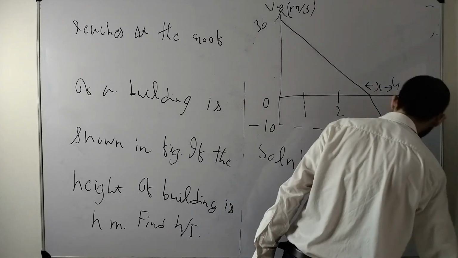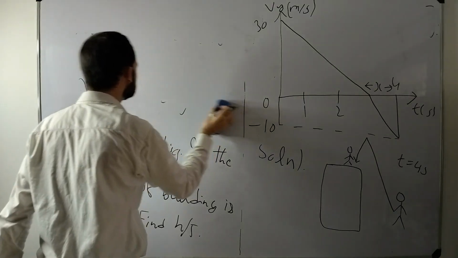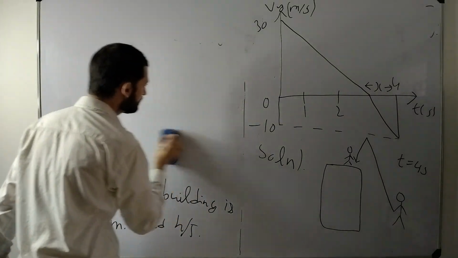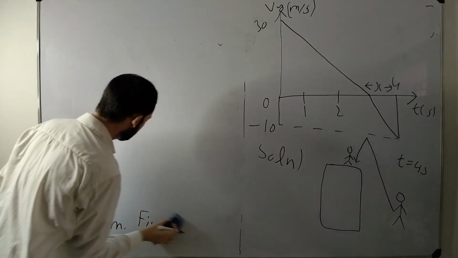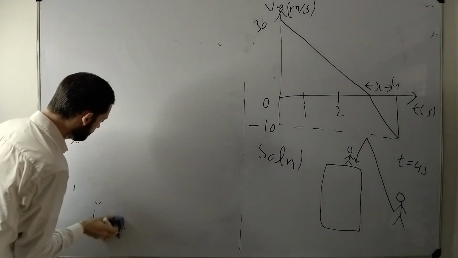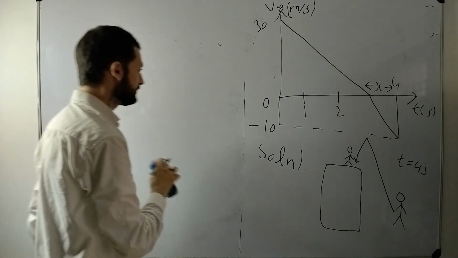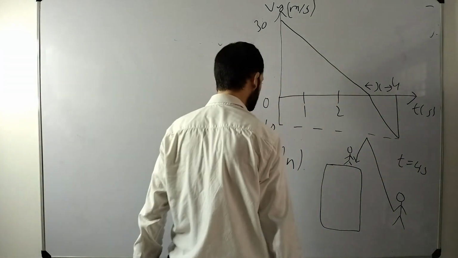Now let's see how to do this question. So very easy it is. How is it very easy? You didn't notice? What, students? It is a straight line. The whole graph is a straight line. So you should apply what?